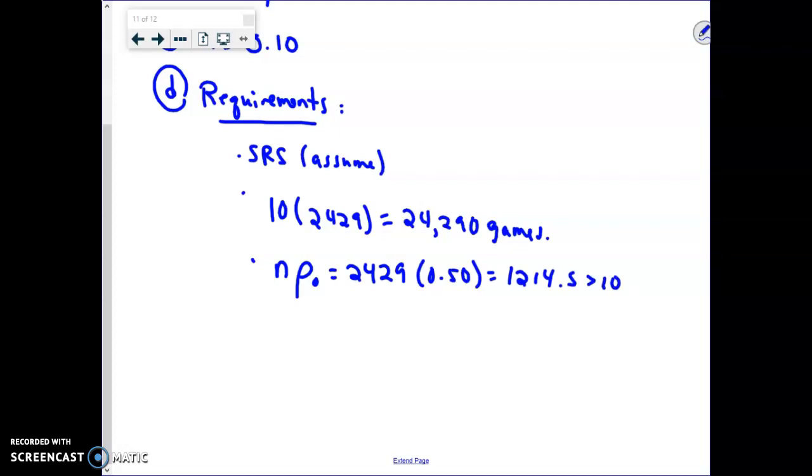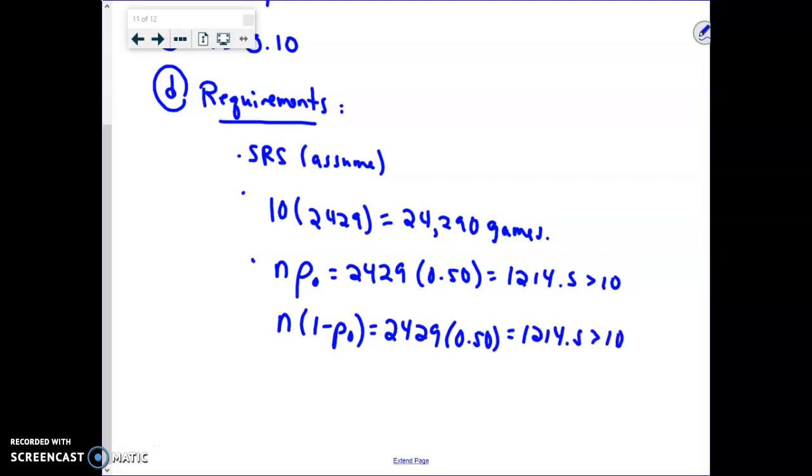And then, to be honest with you, N times 1 minus our hypothesized proportion is the same thing. Why? Because 1 minus 0.5 is 0.5. So in essence, it's about 1,214, and that's greater than 10.